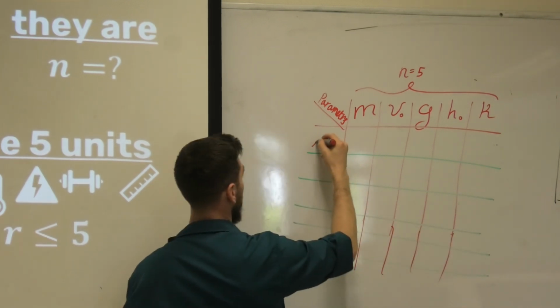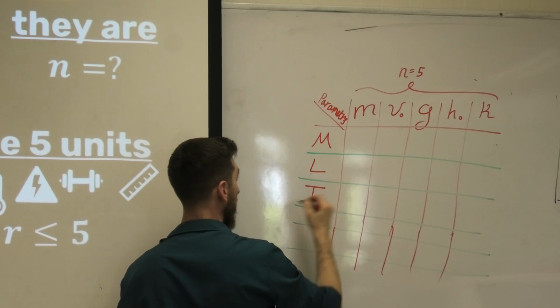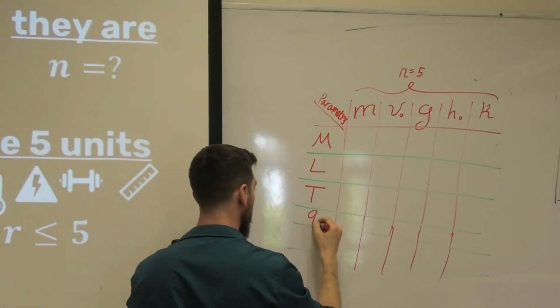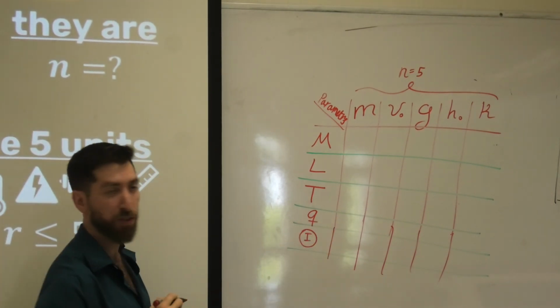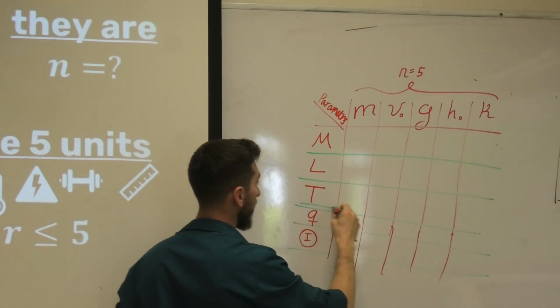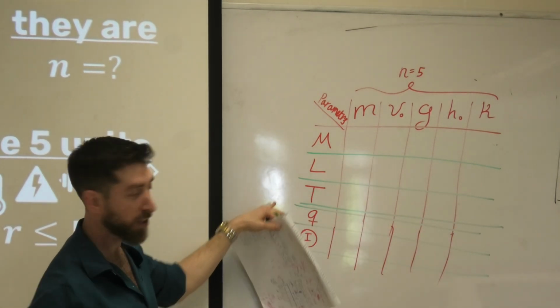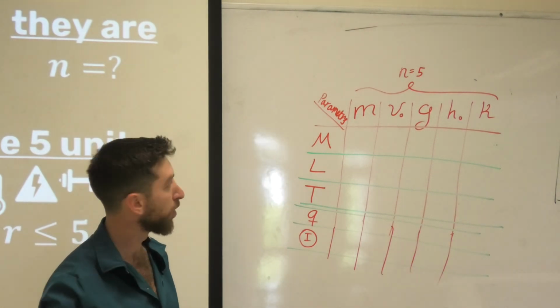Mass, perfect. So we have mass, length, time, and 2 more: charge, and temperature. T is taken, so we're going to do this. Most of the time, we're going to use only MLT, mass, length, and time. The others are more exotic, but it doesn't need to stop you if they do appear, right?